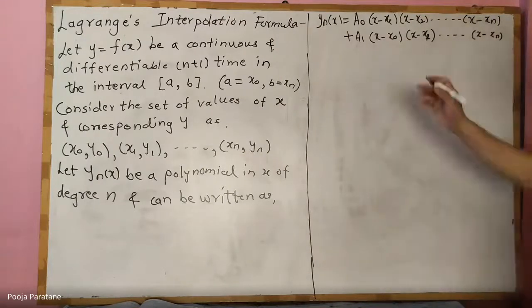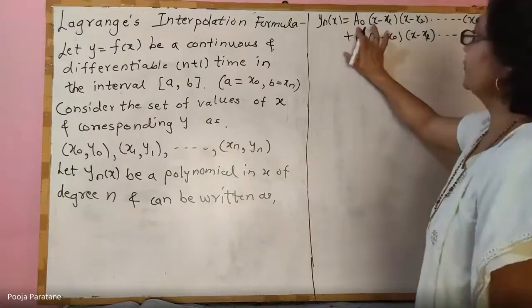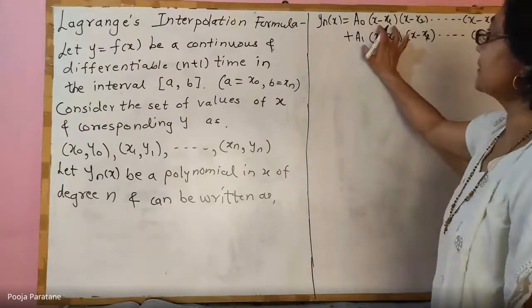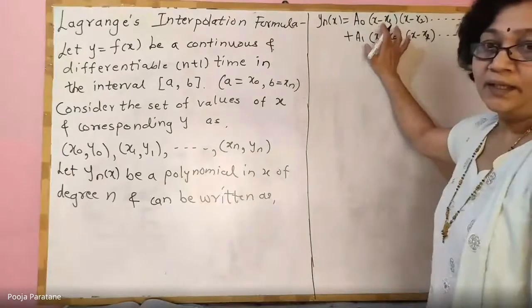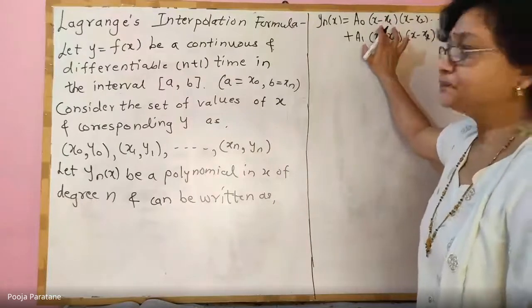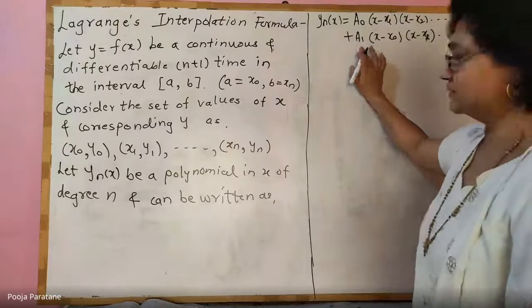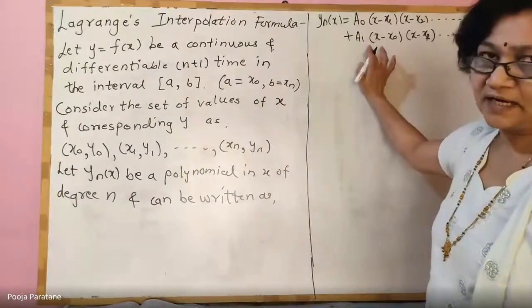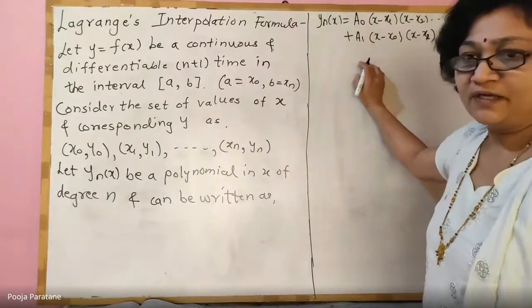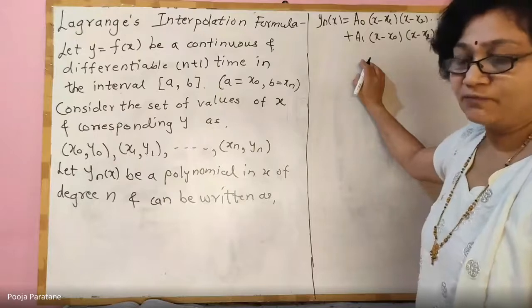So it is very simple to remember this. If you consider this a0, then x minus x0 is not there and the remaining terms are all here. Similarly, when we consider a1, this is how to remember this polynomial when you write the Lagrange's interpolation proof.